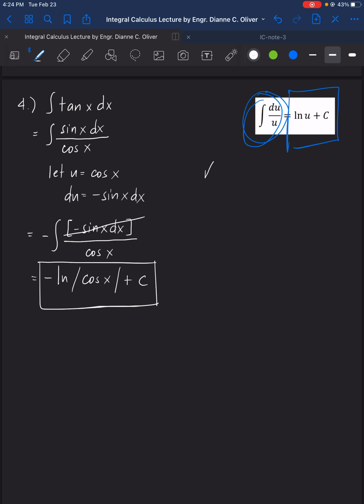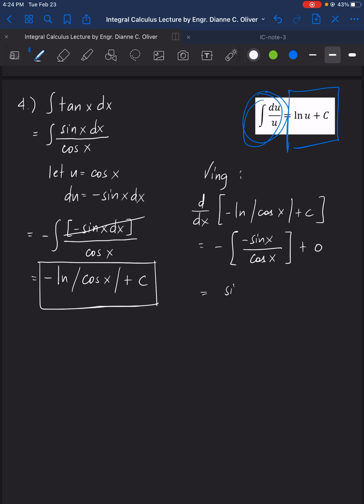So checking by differentiation, we derive the answer. Negative ln of cosine x plus c is equal to negative the derivative of u, the derivative of cosine x, which is negative sine x, over u, copy cosine x, plus the derivative of c, which is 0.